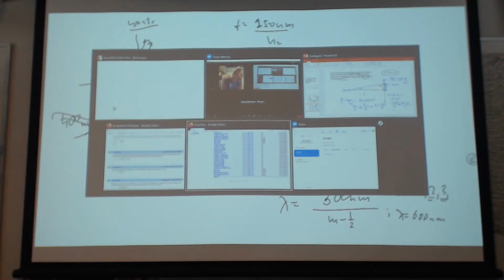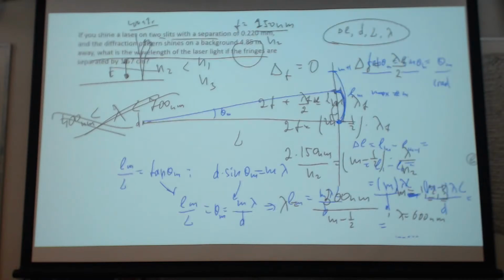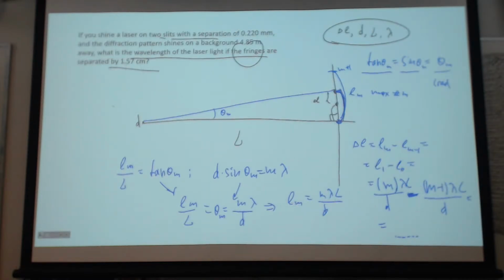So now we go back to this. Did you solve for the final expression? Yeah, I got delta L equals minus lambda over d.